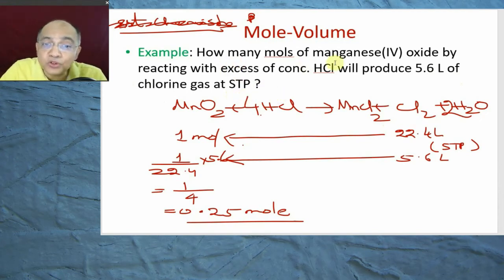How many moles of manganese 4 oxide, or manganese dioxide, by reacting with excess conc HCl, where excess means this is the limiting reactant, this is the excess reactant. So the data of the limiting reactant is given, not the excess reactant.